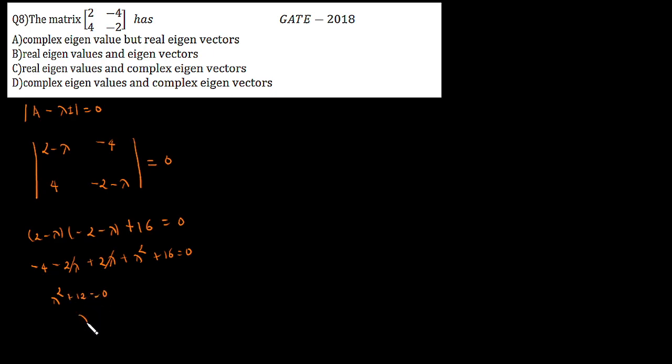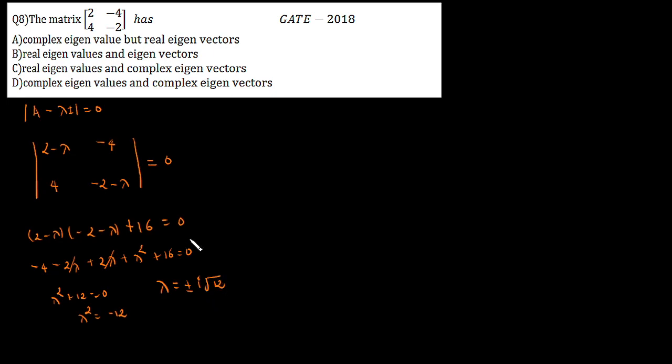So now let's solve for lambda. Lambda square equal to minus 12. So the eigenvalues are complex because this square has a negative value. So I can write it like this, plus and minus i times under root of 12.